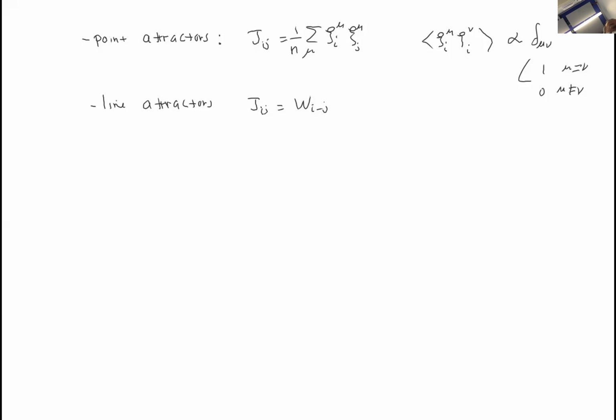And we tried to make this go to the sum over mu of W^mu_{i minus j}. And we found that this destroyed the line attractor.